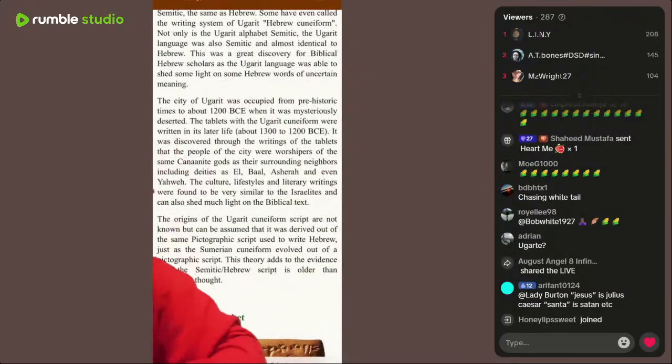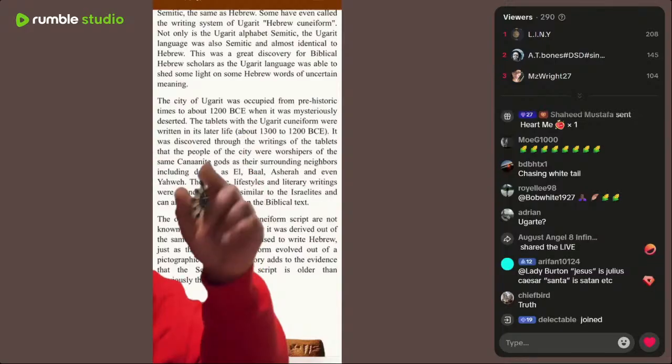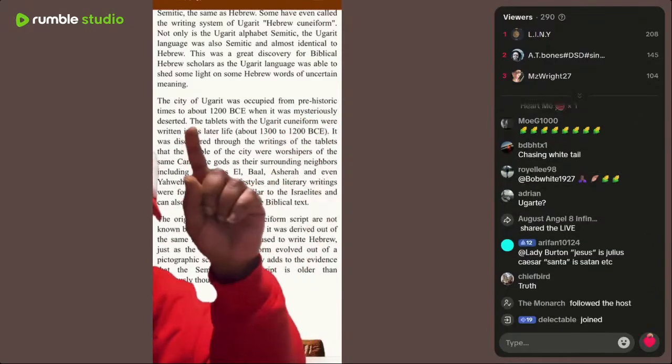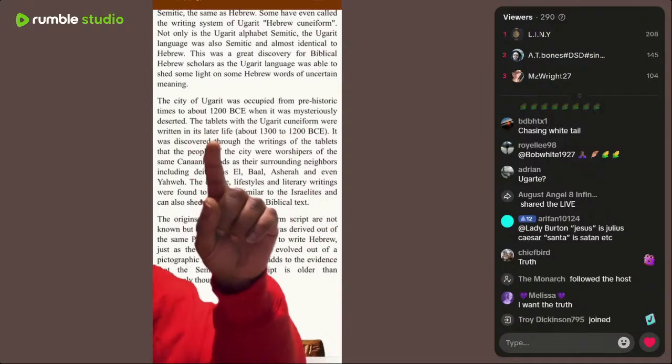Let's keep going. The city of Ugarit was occupied from prehistoric times until 1200 BC, when it was mysteriously deserted. The tablets of Ugarit cuneiform were written in its later life.